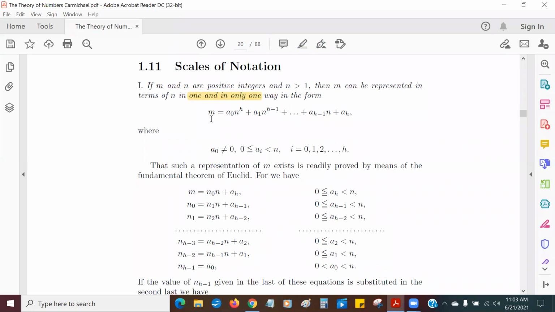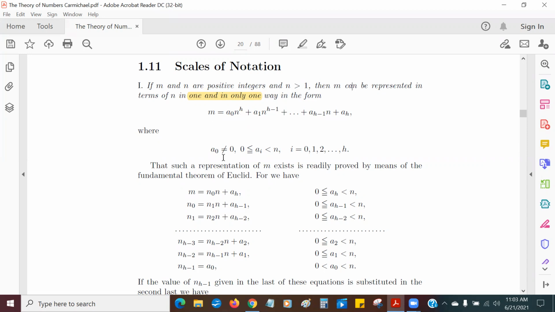In the form m equals a_0 times n^h plus a_1 times n^(h-1) plus dot dot dot plus a_(h-1) n plus a_h. In other words, m can be written as a linear combination of powers of n. That's really what's going on over here.